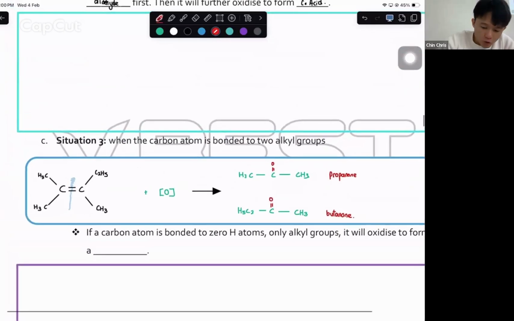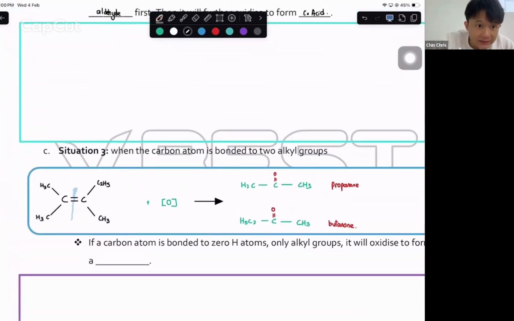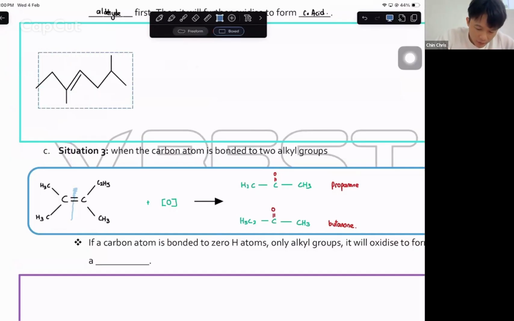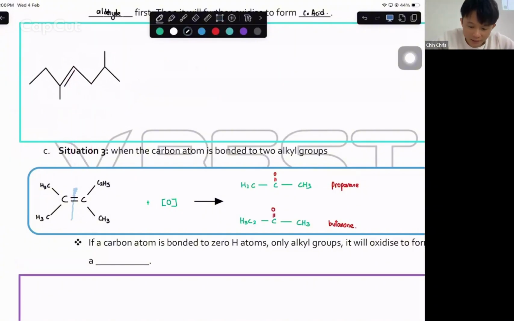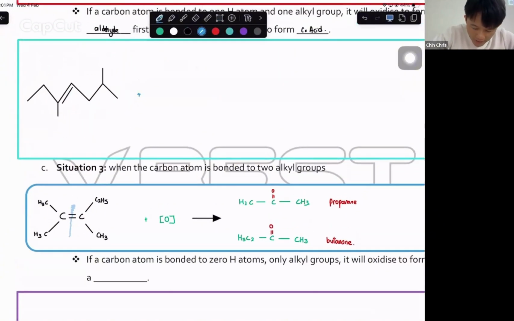Alright guys, now I want you guys to draw the product when I cleave this. Alright guys, draw this out for me. I have a skeleton here. And when you oxidize it, what are the products that you'll be getting?